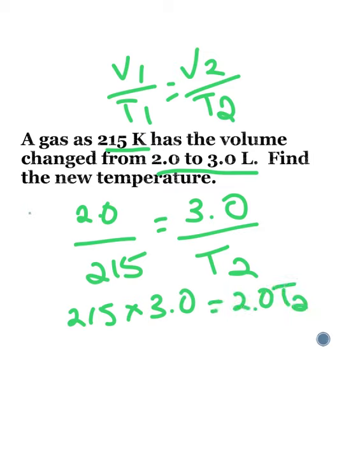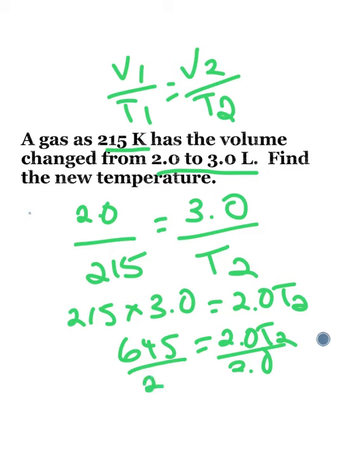If I multiply the 215 times the 3.0, that would be 645. And then we're going to divide by 2.0. But all you really need to show me is what's here and be able to put it in your calculator. That's fine. So now we're going to take 645 and divide it by 2.0. You can really just type 2 in your calculator if you want.